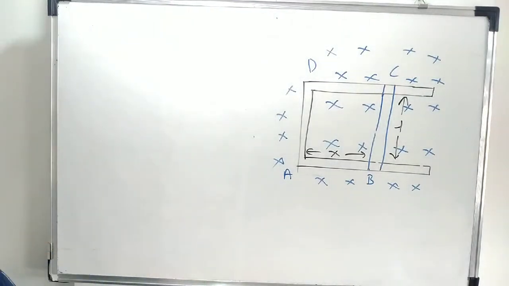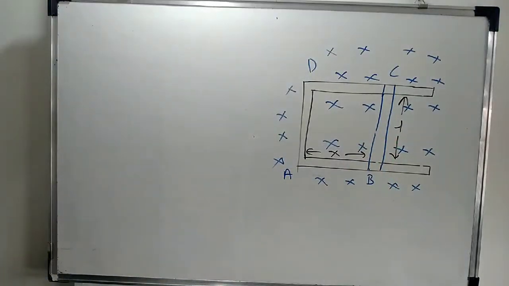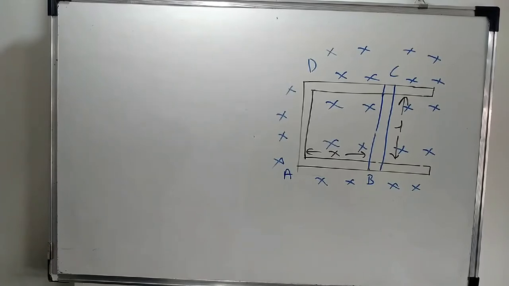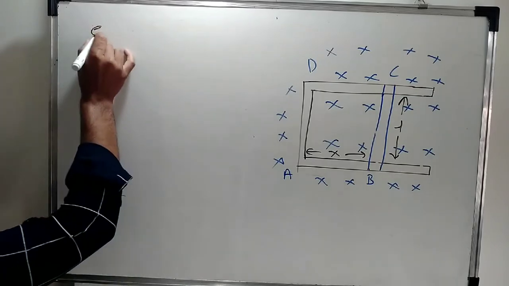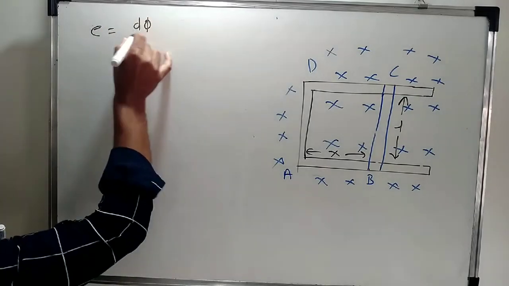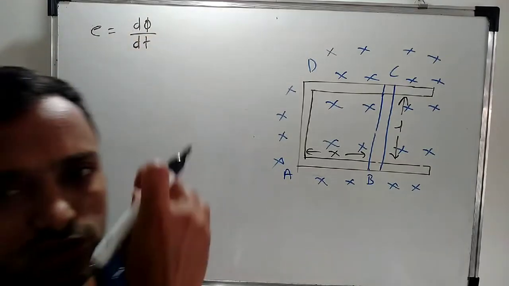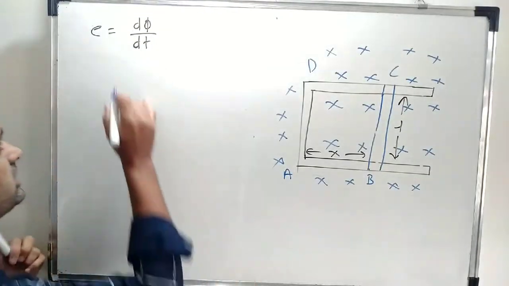Now how can we write the value of the induced EMF in this conductor? According to Faraday's law, E is equal to d phi by dt. How can you write the equation for phi?